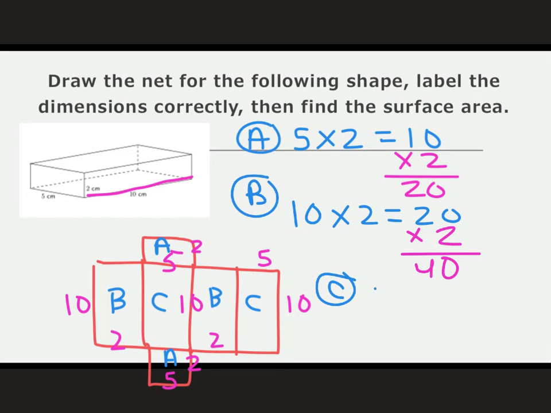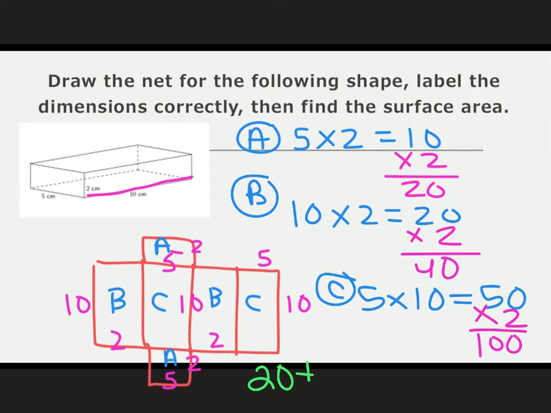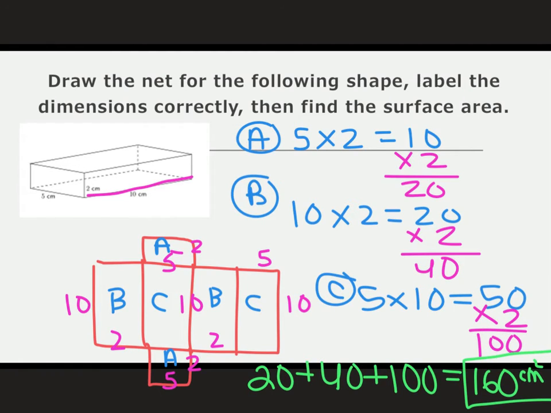Finally, shape C, we made those our 5 by 10's to get 50. We have 2 shape C's. Multiply by 2 to get 100. Final step, add your numbers. 20 plus 40 plus 100 to get 160, and it's centimeters squared for your units.